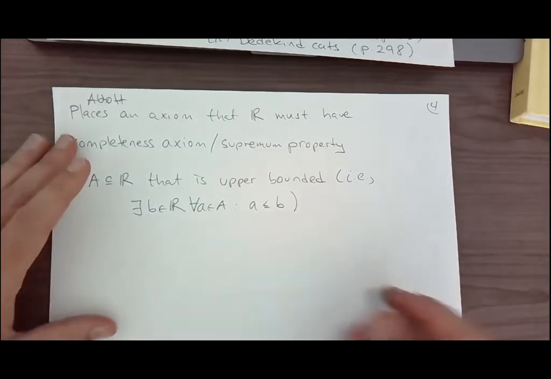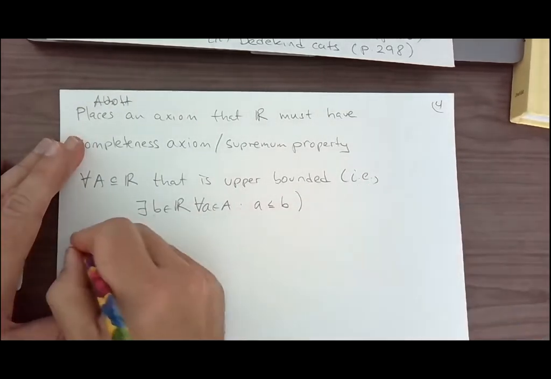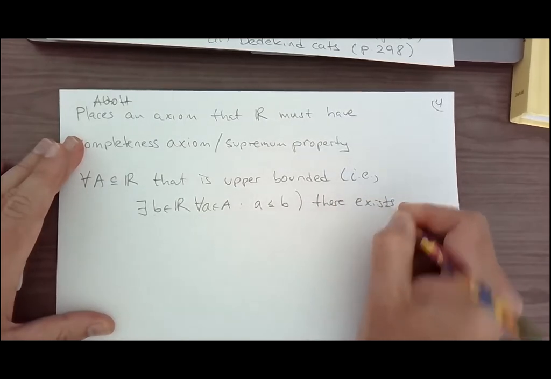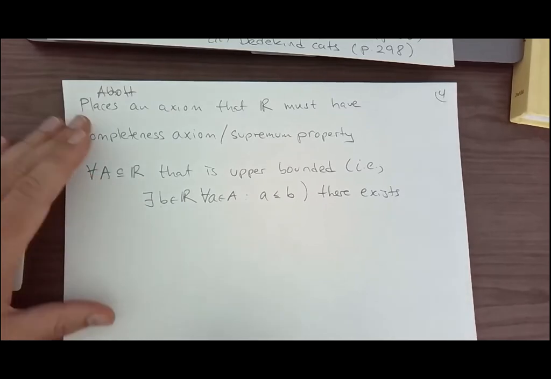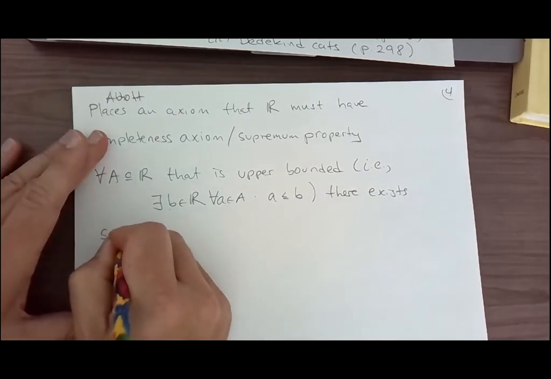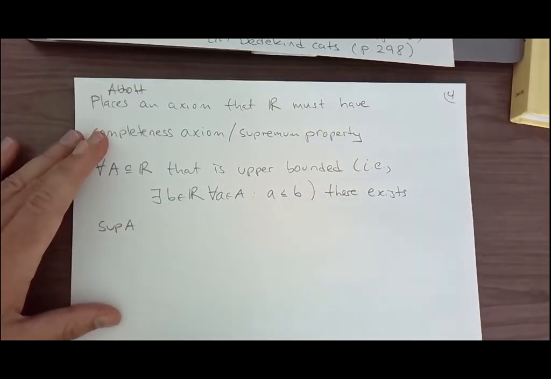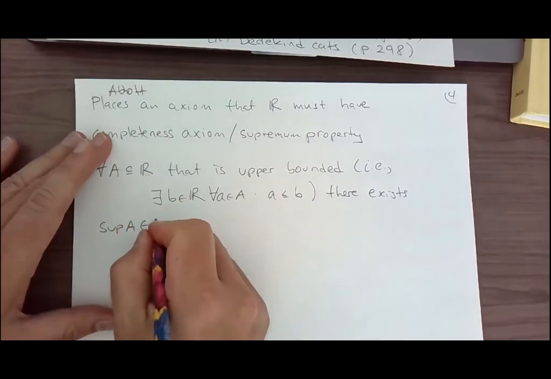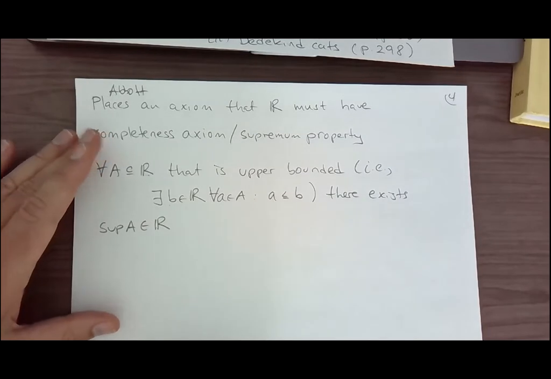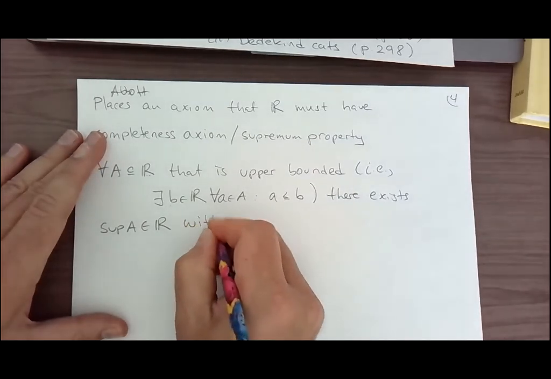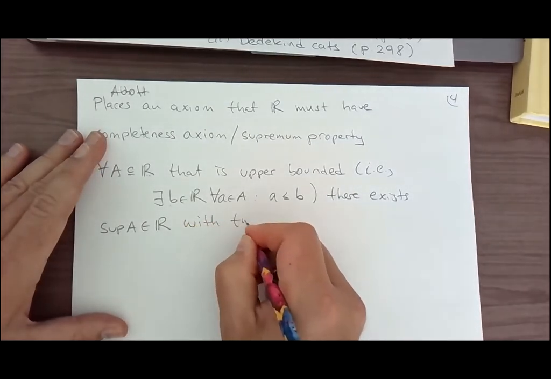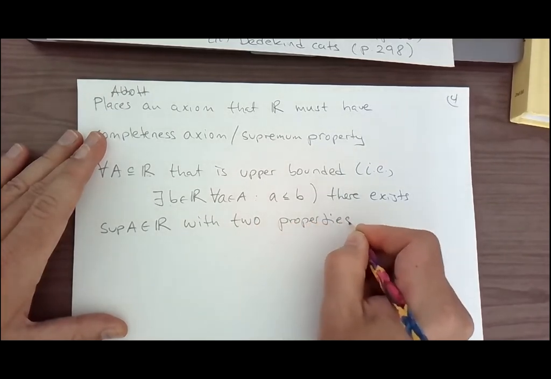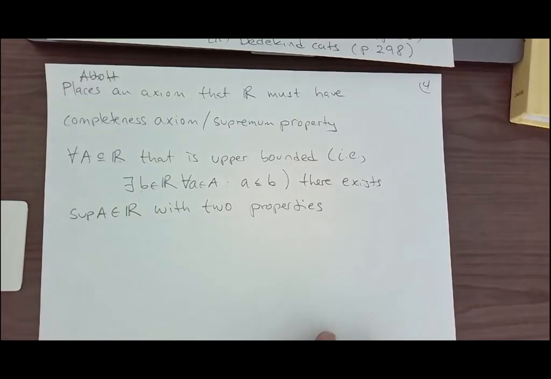Right, so we take a set that is upper bounded. For any such set, there exists a quantity which is denoted by sup of A, and this is an element inside R with two properties. So this sup of A has two properties.